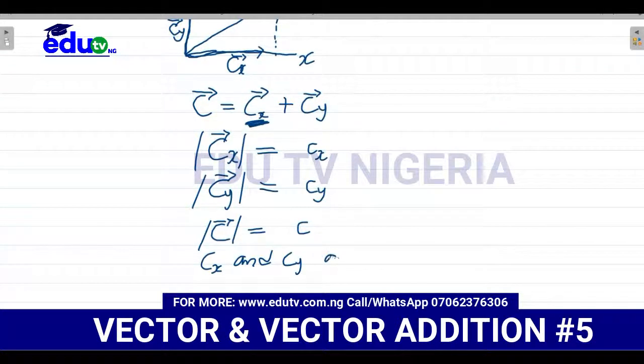Cx and Cy are components of the vector in a rectangular or Cartesian coordinate system of axes. With that, let's go back to the diagram above.